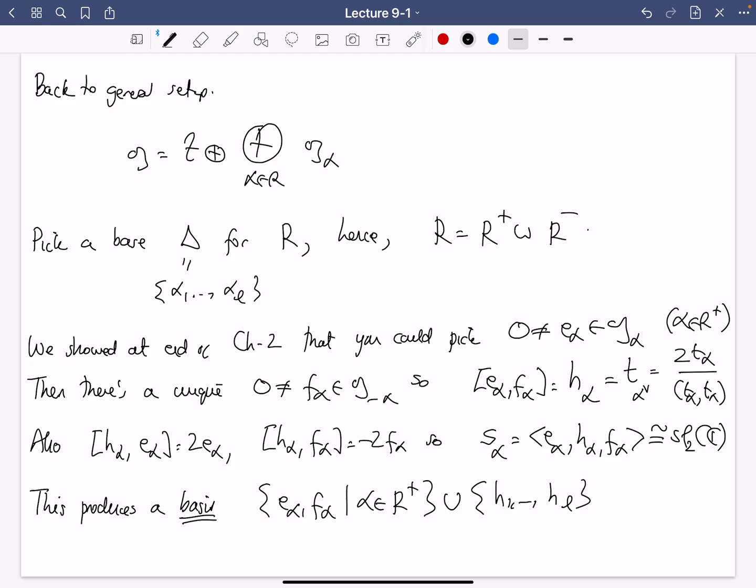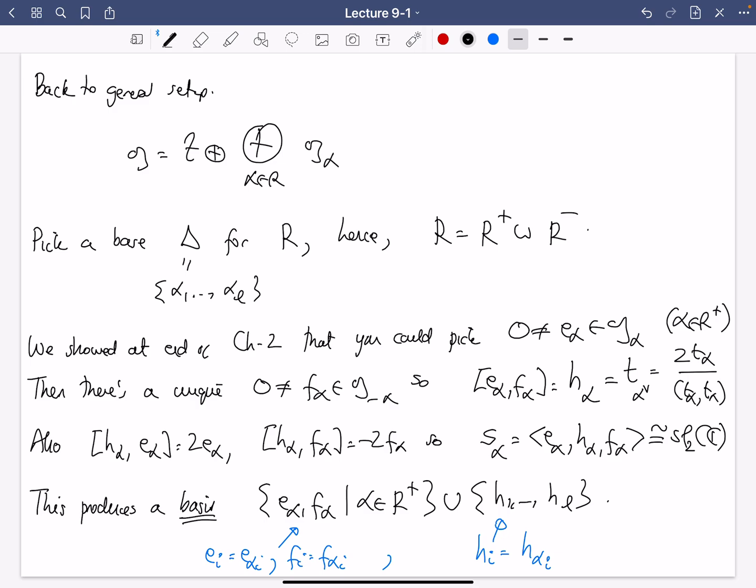So HI here is going to just be a shorthand for H sub alpha I. So those are the H alphas corresponding to the simple roots, the roots in our base. And here I'm actually also going to adopt the same shorthand. I'm going to denote by EI, E alpha I, and FI is going to be F alpha I for short. Okay, so this produces a nice basis for the Lie algebra G: E alpha, F alpha, and these HIs.